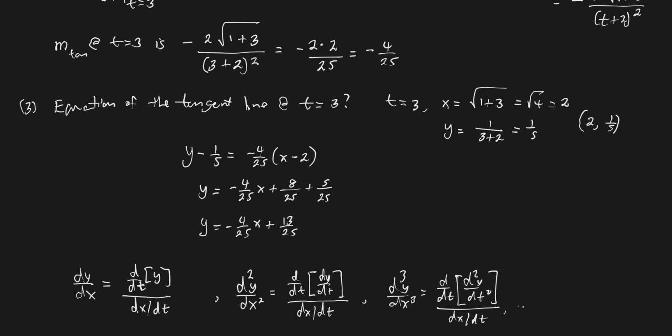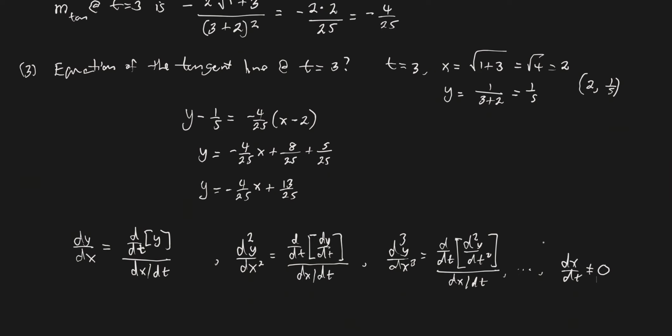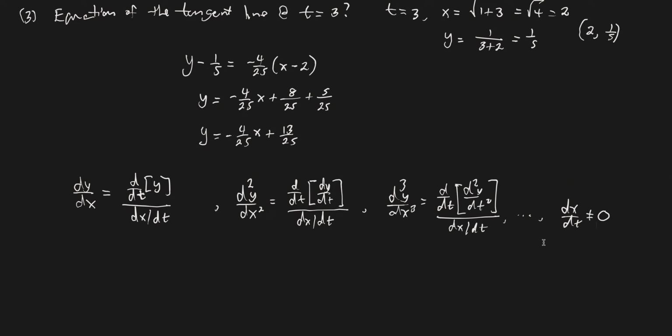And so on, provided dx dt is not equal to 0. So that's the way you would apply this process repeatedly. You take the derivative of your previous derivative, everything is in terms of t, and then just divide it by dx dt.